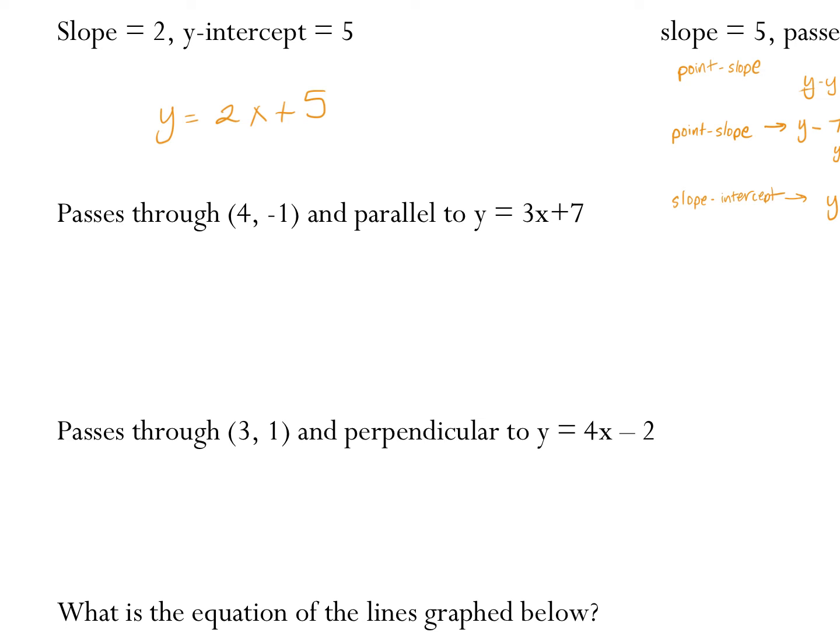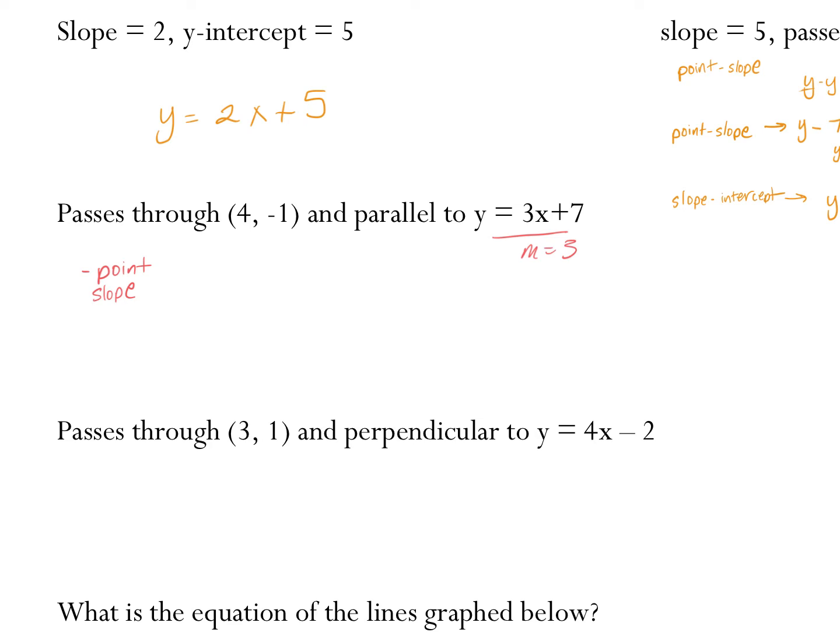All right, so I'm going to start with, can you put this one into point-slope form? What do we remember about parallel lines? They have to have the same slope. What's the slope of this line? 3. So what's the slope of something parallel to it? 3.